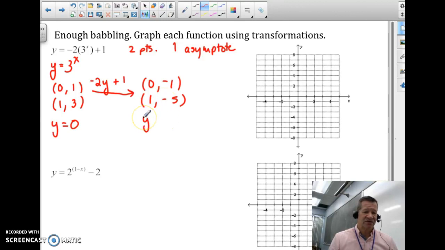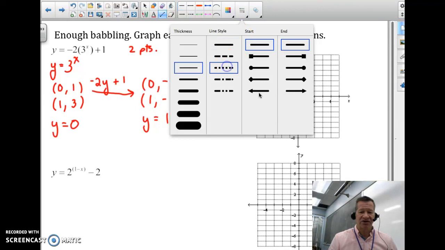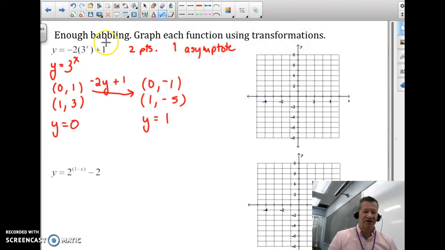Now the asymptote is also a y value, so multiplying by -2 doesn't change it, but adding 1 puts it at 1. So I'm going to have, let me grab a dashed line here, an asymptote, which will be shifted up 1, just like the rest of the graph. That plus 1 shifts the whole graph up 1.